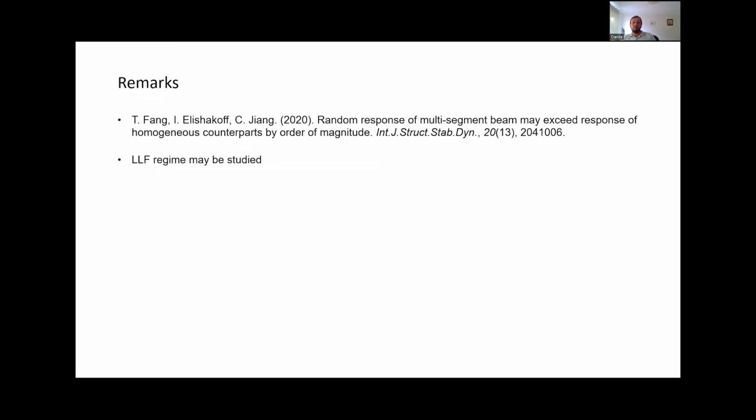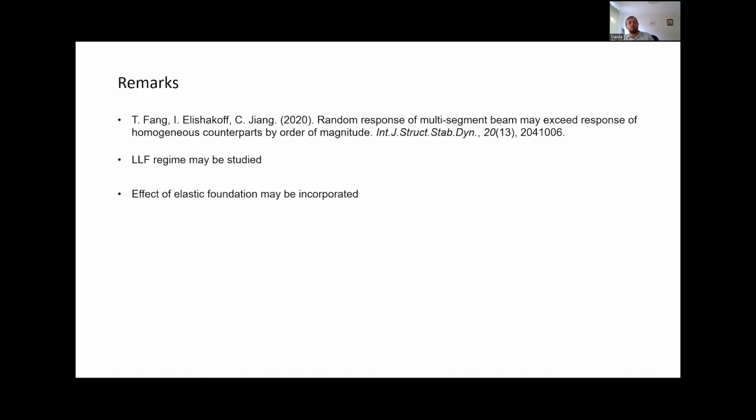A few more ideas on how this could be developed. Certainly, this is only the global low frequency regime that I was illustrating for beams, but there is a possibility to consider local low frequency for this multi-span beam system. So this is probably a plan for somebody to do in the future.